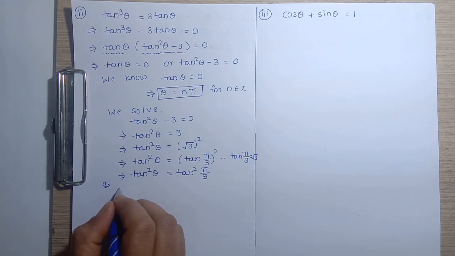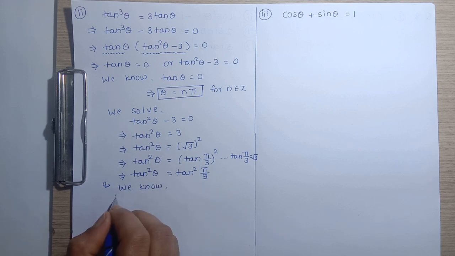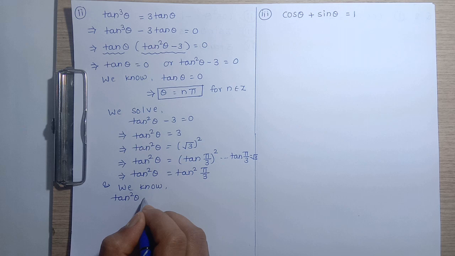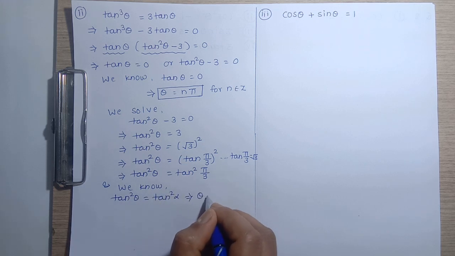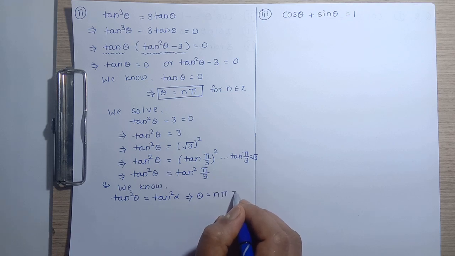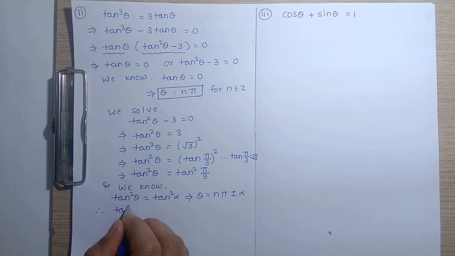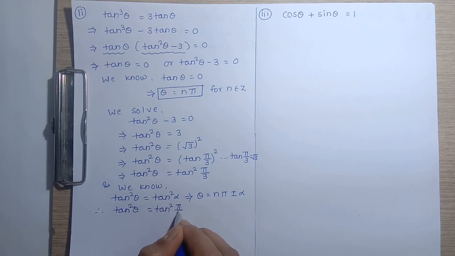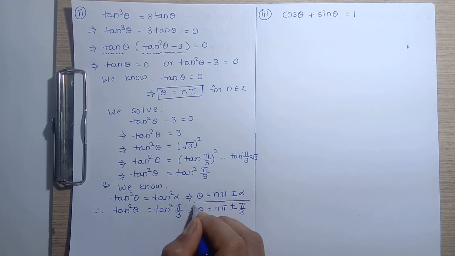And we know the solution for tan square theta is equal to tan square alpha is theta is equal to n pi plus or minus alpha. Therefore here tan square theta is equal to tan square pi by 3 gives the solution theta is equal to n pi plus or minus pi by 3.